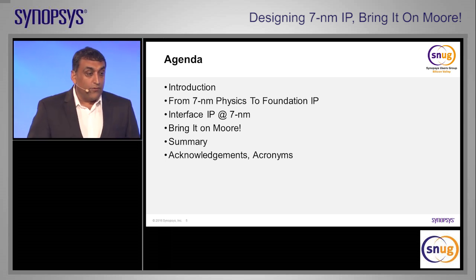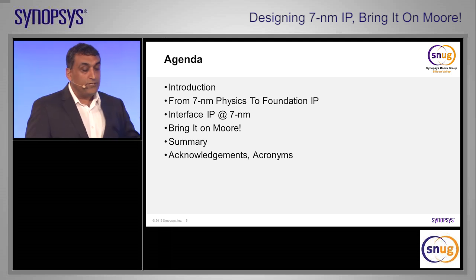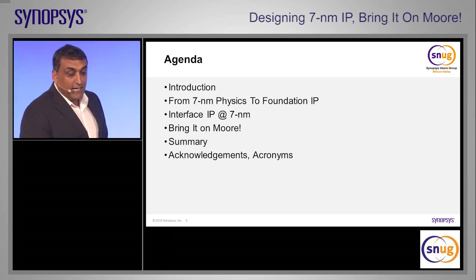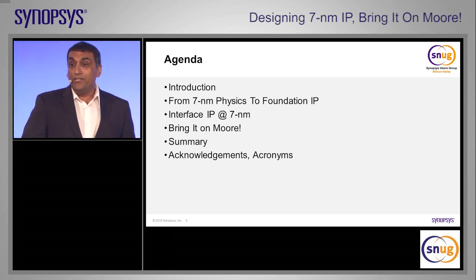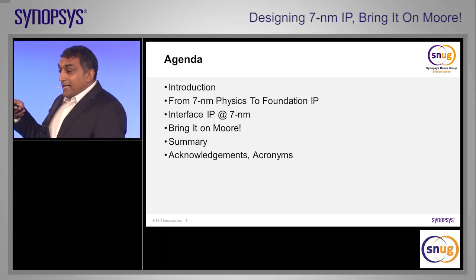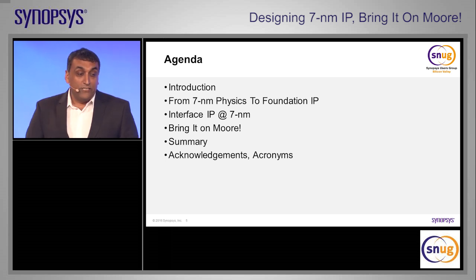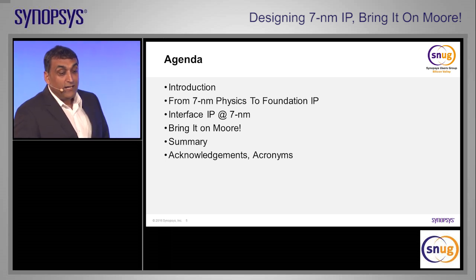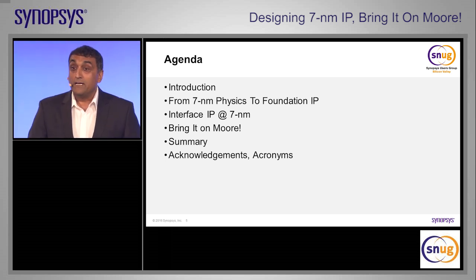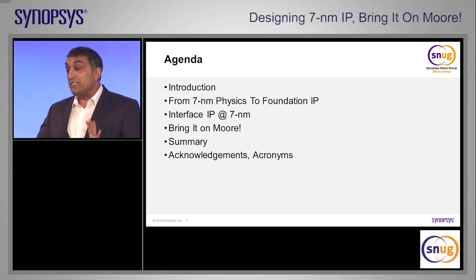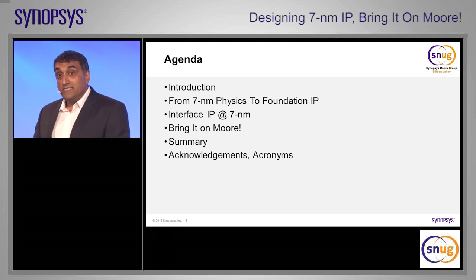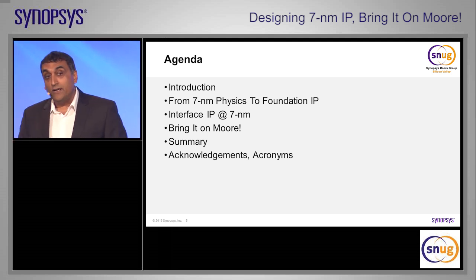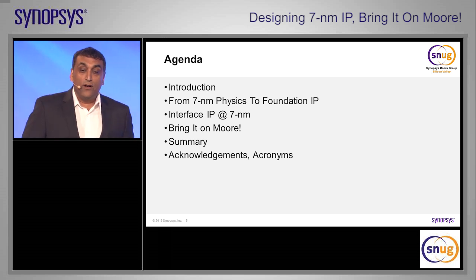I was speaking with our VP of Engineering, Ralph Morgan, who develops all the digital IP at Synopsys, and I said, Ralph, I'm doing this lunchtime presentation on 7nm design, and you, as the most experienced, knowledgeable person on digital design at Synopsys, as far as IP is concerned, are there any impacts of the process technology on digital design? And he said, of course, and he gave me some very interesting insights on how process variability is impacting digital design. So I'm going to combine digital design with PHYs, and that's the section on interface IP at 7nm.